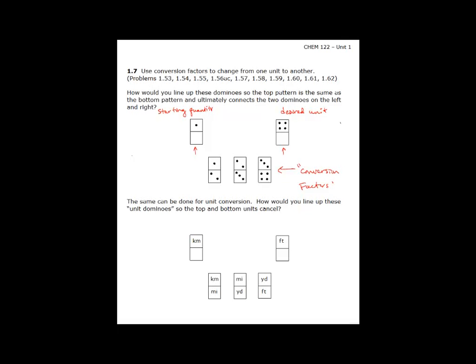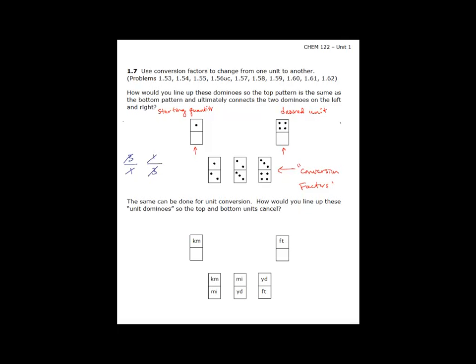If I have a number 3 over 1, in order to get 3 to cancel out, I can divide by 3. So I got my 3's to cancel out, I got my 1's to cancel out. So when you divide a number by the same number, you cancel it out. The same applies for units.